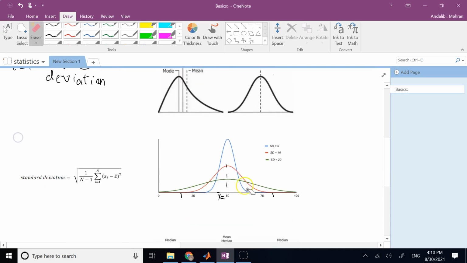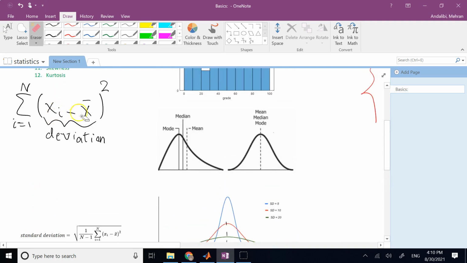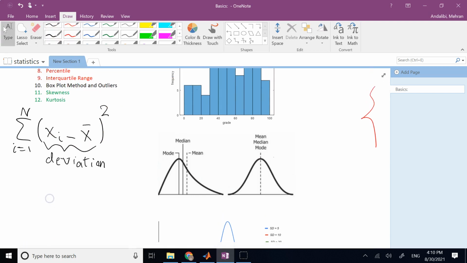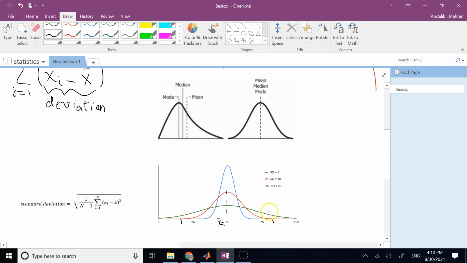And of course, the larger the spread of the data you have, these deviations are going to be larger, the square is going to be larger, and adding them together gives you a bigger number. Okay, that's why when you add all of these squared deviations together, that is a measure of how much the data is spread from the center.